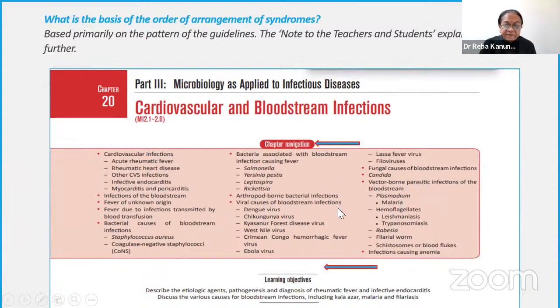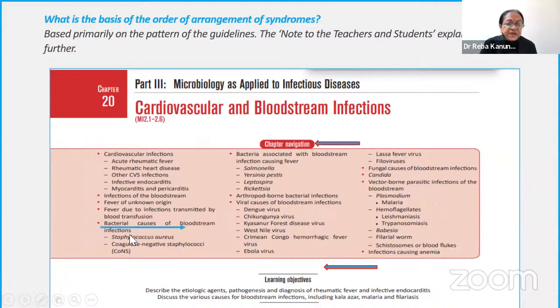Then we have the learning objectives, which tell us what the student should learn in this chapter. For example, at the end of the session, the student should be able to describe the etiological agents, the pathogenesis and diagnosis of rheumatic fever and infective endocarditis, discuss various causes for bloodstream infections, etc.